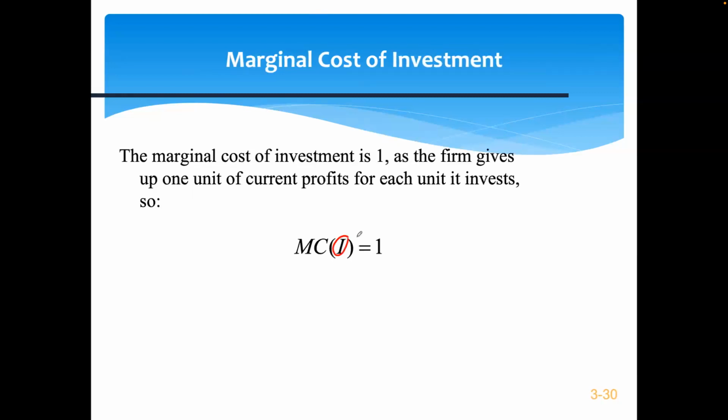I'm going to postpone the distribution of the profit and put that potential profit into the investment. That's why the marginal cost of investment is 1. Simply, you give up 1 unit of goods that you could distribute to your shareholders or owners.